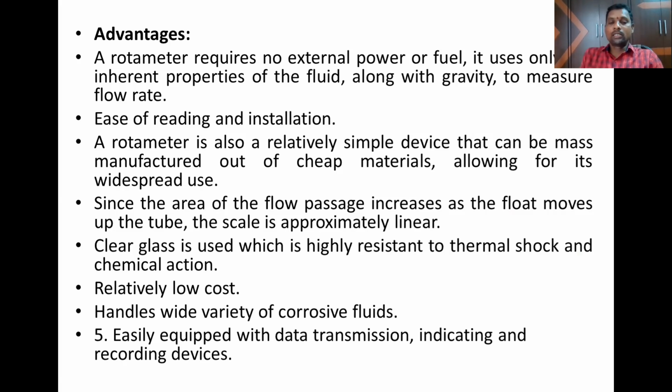It is a relatively simple device that can be mass manufactured, so devices can be made in big volume, in many quantities. Cheap materials allow for its widespread use. The area of the flow passage increases as the float moves up the tube. The scale is approximately linear. So the linear scale or calibration will help in easy measurement of the flow.